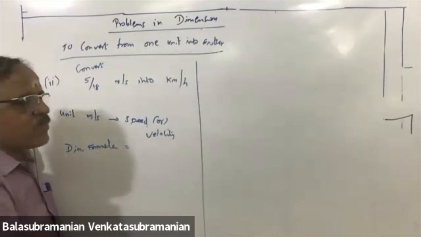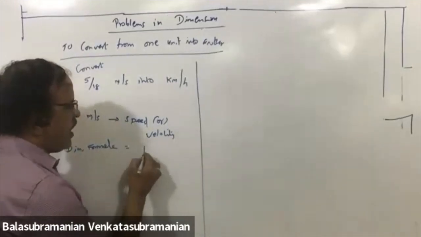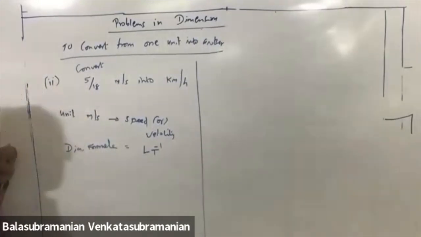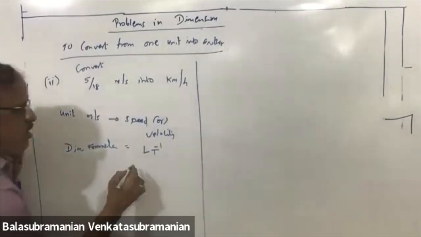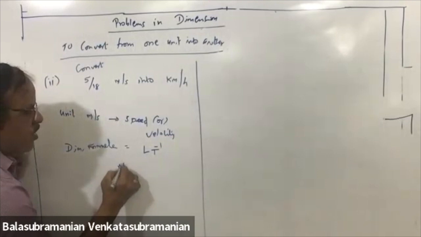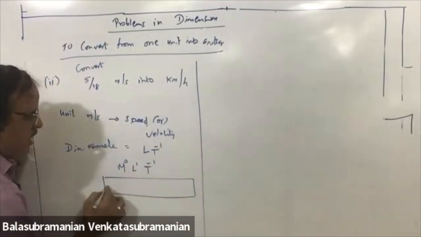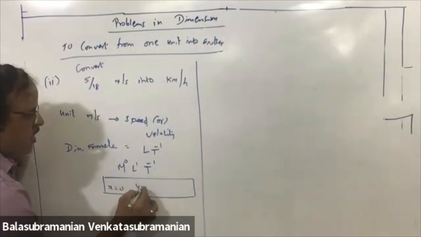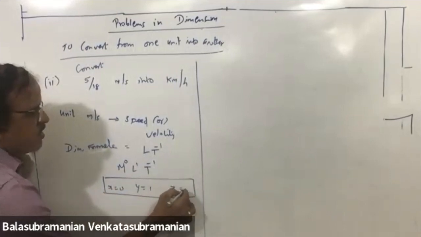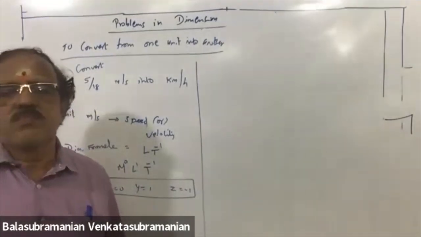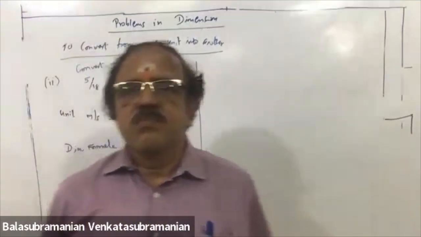Velocity or speed is displacement or distance by time, L T power minus 1. So M power 0, L power 1, T power minus 1. X is equal to 0, Y is equal to 1, Z is equal to minus 1.